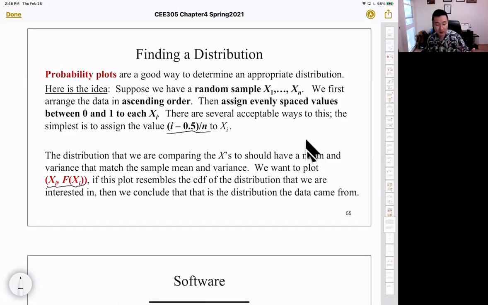If this plot resembles the CDF, the cumulative distribution function that we are interested in, then we can say the data fits. For example, we plot the CDF for the normal distribution and see if the data points from the sample fit that curve. The closer the data points fit the curve, the more confident we are the experiment follows that distribution.